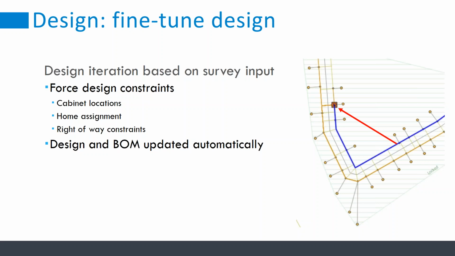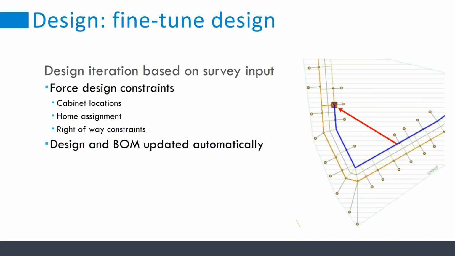this information needs to be fed back into your design, and with FiberPlanIT, you can force these design constraints. So force particular cabinet locations. In the example that was shown earlier, where you had a Dropbox or pedestal which was run over, this might not be a good location to place a cabinet.